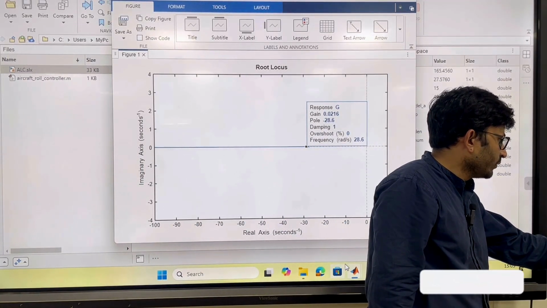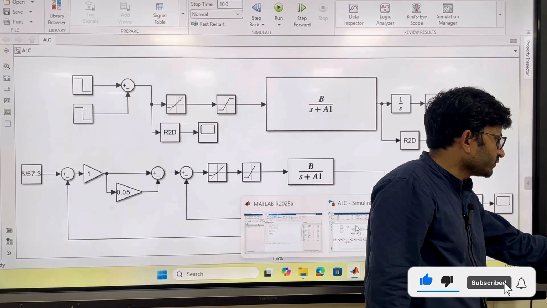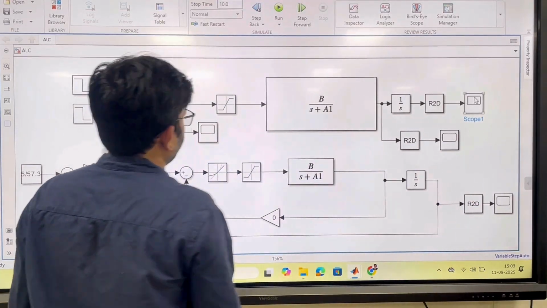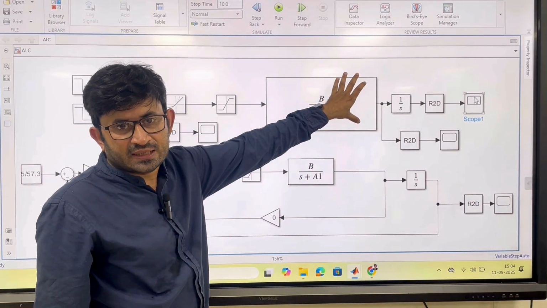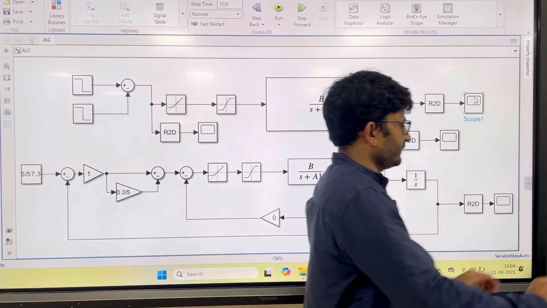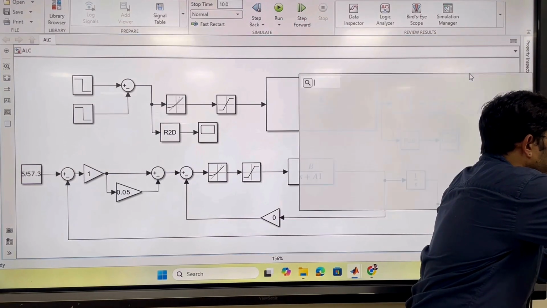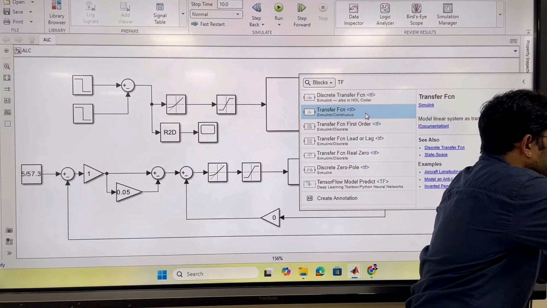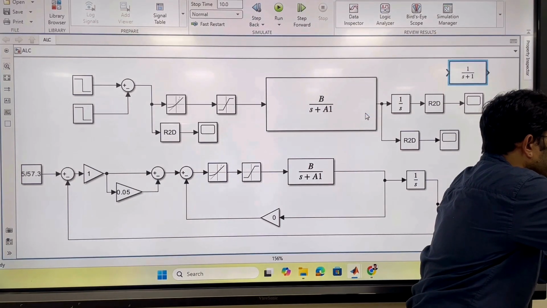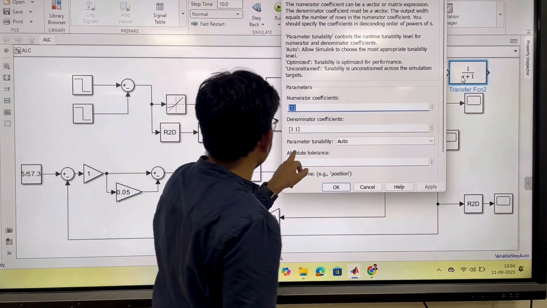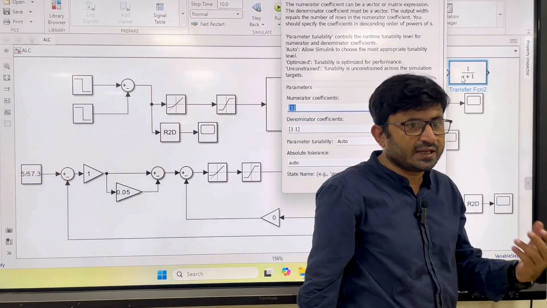Okay, now when you go back to Simulink, what we have done is put a transfer function. So when you type here, for example, TF, you will get the transfer function block. And here you can enter the value of B and the value of A like this.